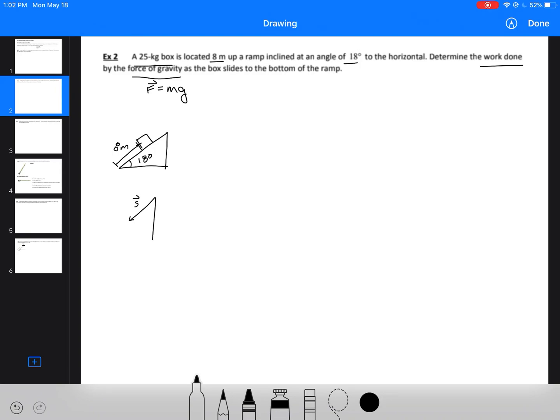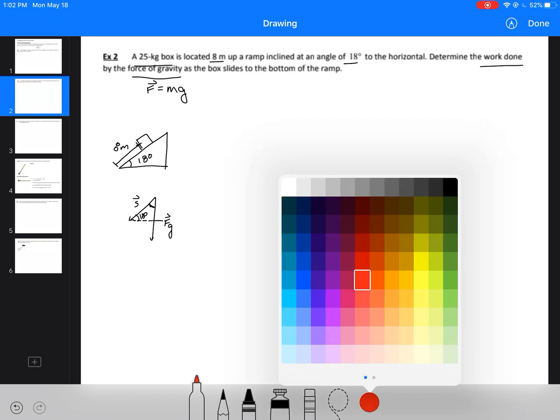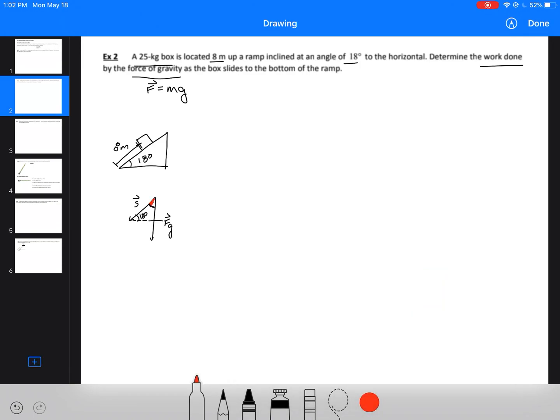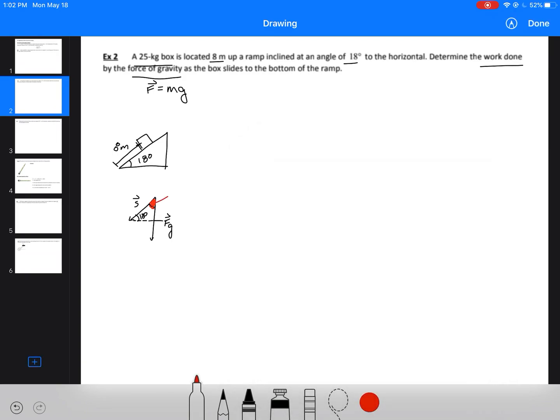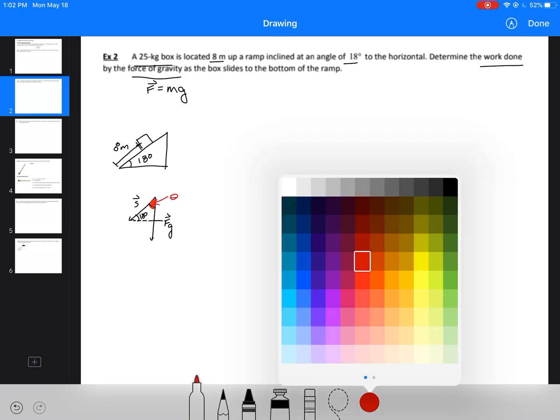The force of gravity is directed down, so let's call that F sub G for the force of gravity. This is where my level is, so I've got 18 degrees right here. And this part here, let's highlight it in red. That red angle represents the angle between the force and my displacement. Let's call that theta.